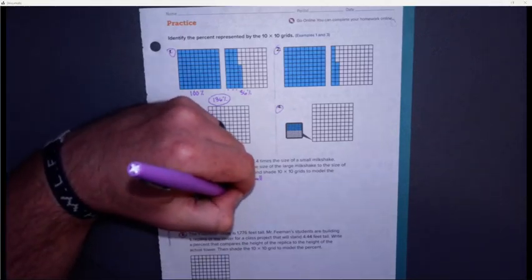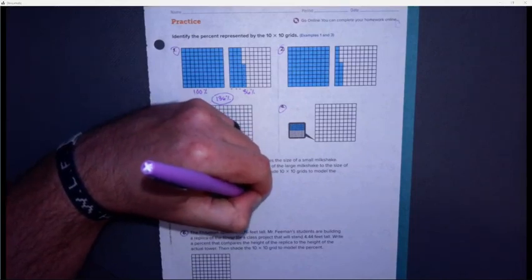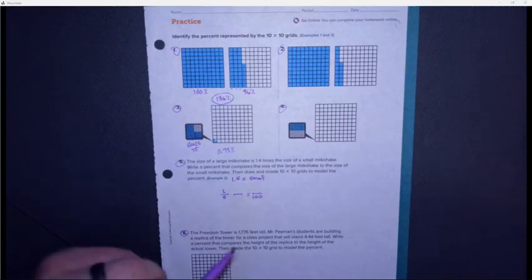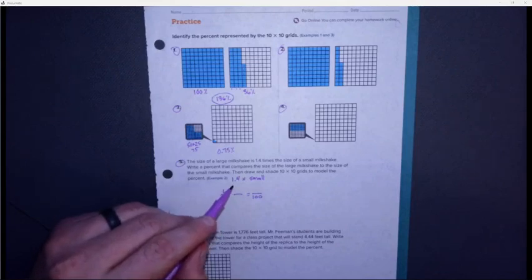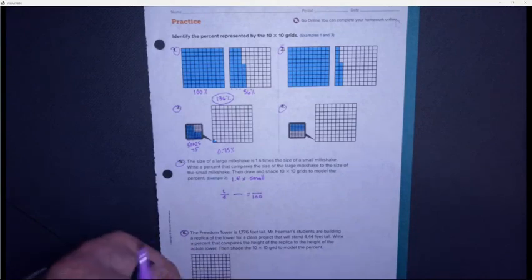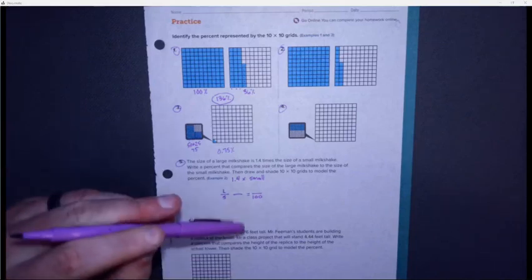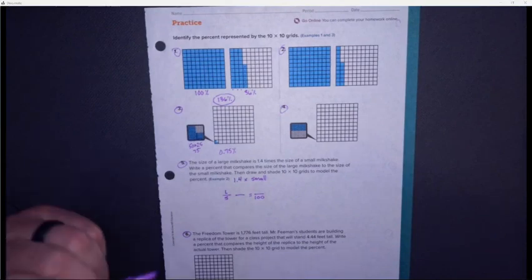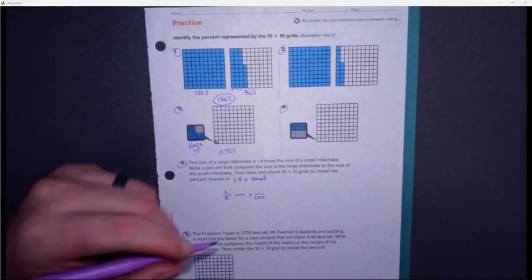I know eventually I need to figure out a percent, so I need to get to a fraction over 100, per 100%. So in this case, I can give the value to the small shake whatever I want, because no matter what value I give the small shake, the large one, as they told us, is going to be 1.4 times that size. So the easiest thing for me is going to be to get a value that will multiply into 100. So to do this, I could use the number 5.